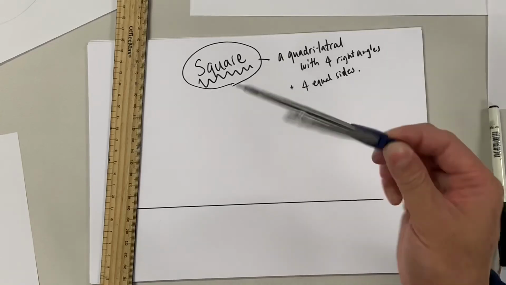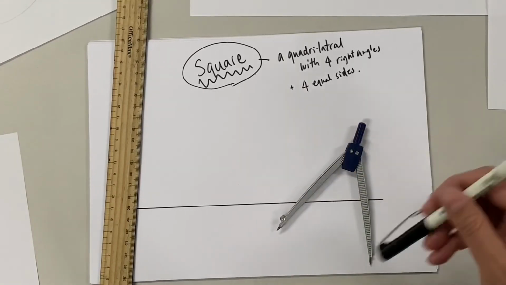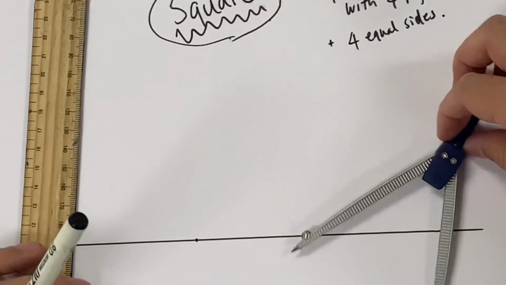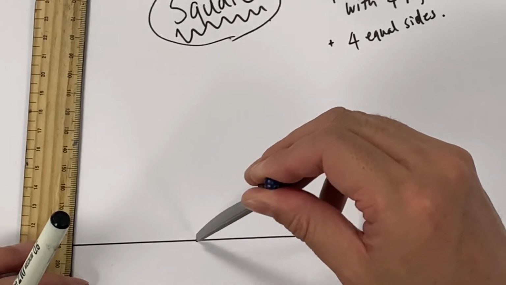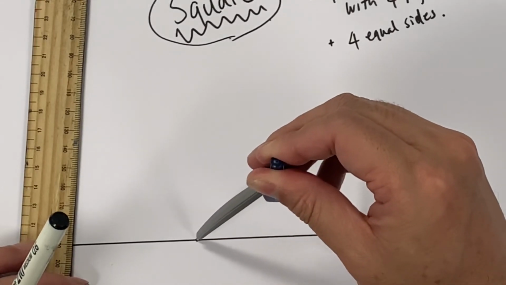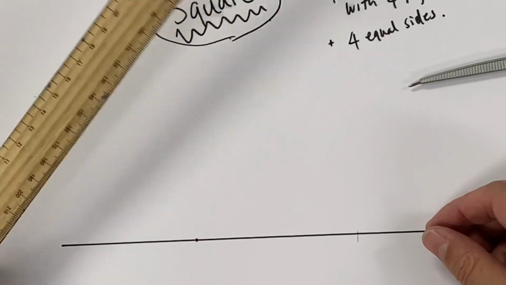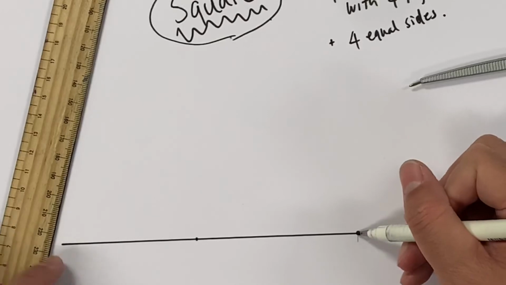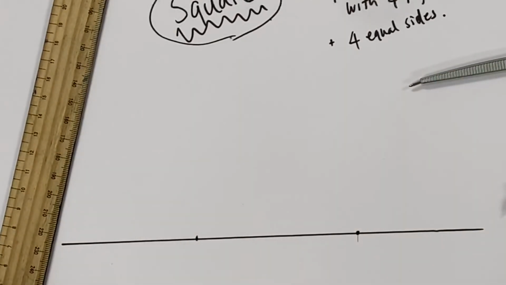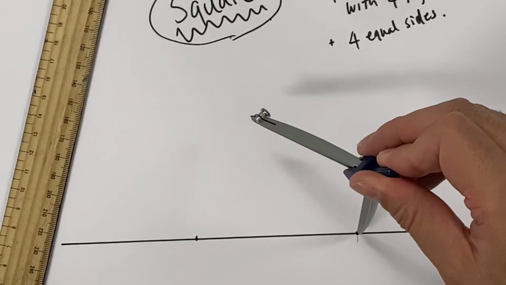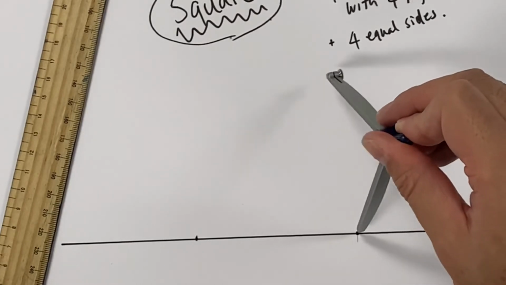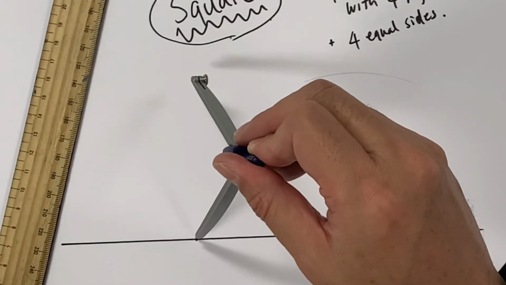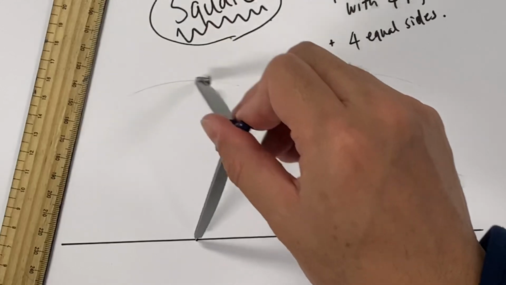So for the square, let's say I'm going to draw a dot somewhere, and I am going to measure the length. We're using a compass. Remember, the ruler is not to measure the length here. It is only to draw straight lines. So now I know another corner is somewhere over here, and the other corner is somewhere over here, but I don't know exactly.